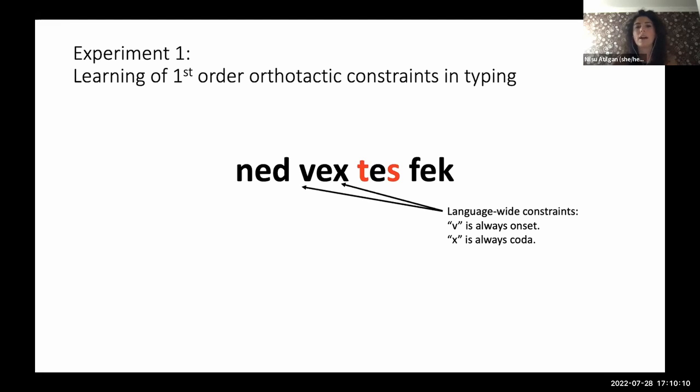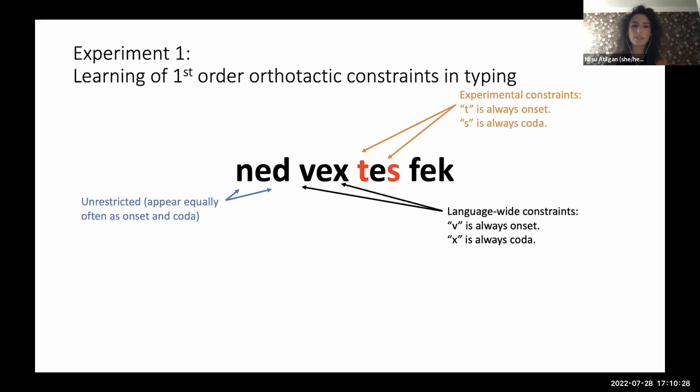Just note that these are orthotactic constraints instead of phonotactic, and these are in line with the written English general rules. And our experimental constraints included T is always onset and S is always coda. Of course, this was the other way around for half of the participants.